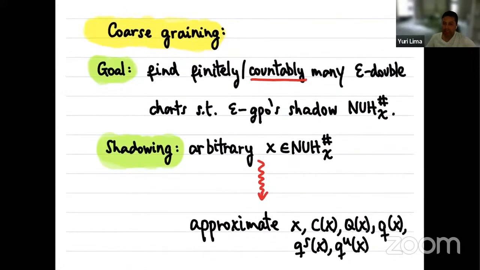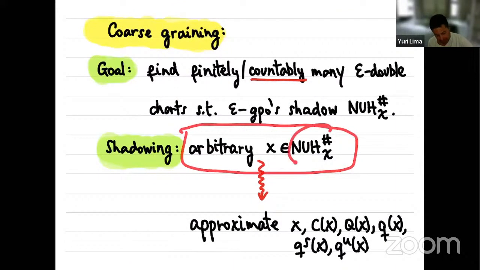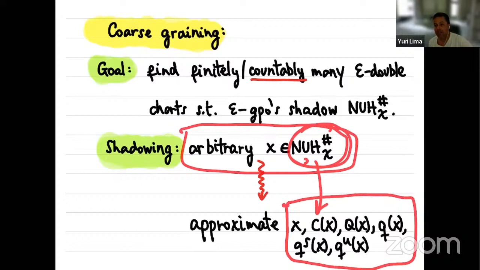Well, the idea is to get all x's in this set and to look at all hyperbolicity parameters that they define, these 6 guys, and in some sense to pass to a dense subset with respect to these hyperbolicity parameters.